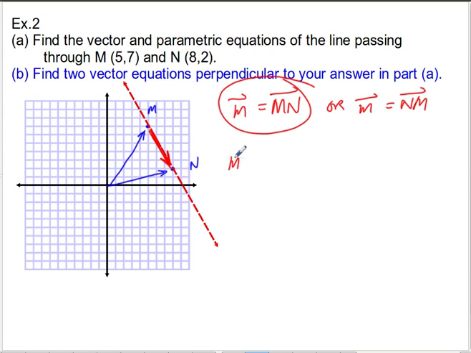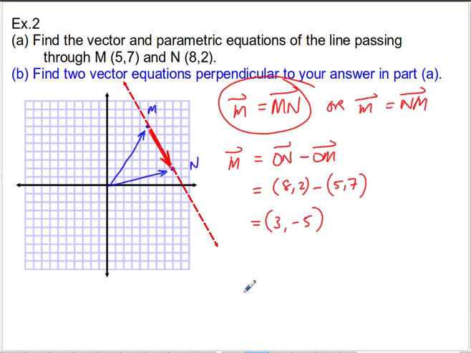In this case, the vector MN is defined as the vector ON from the origin to N minus the vector OM from the origin to M. ON is (8, 2) minus OM, which is (5, 7). 8 minus 5 is 3. 2 minus 7 is -5. So there we go, we have our direction vector. This direction vector applies for this entire red line.